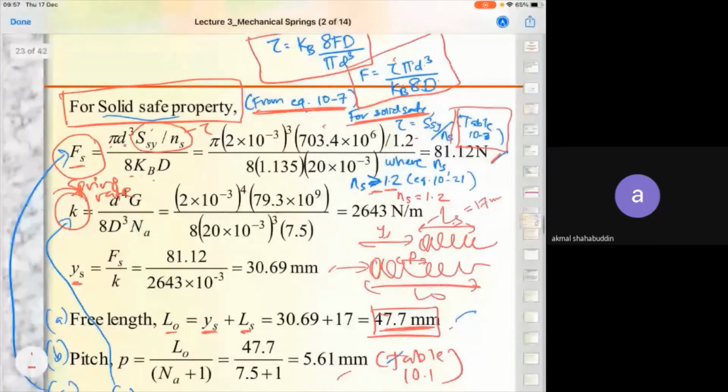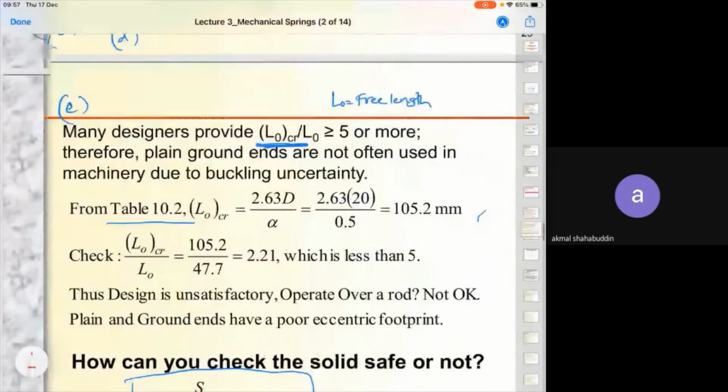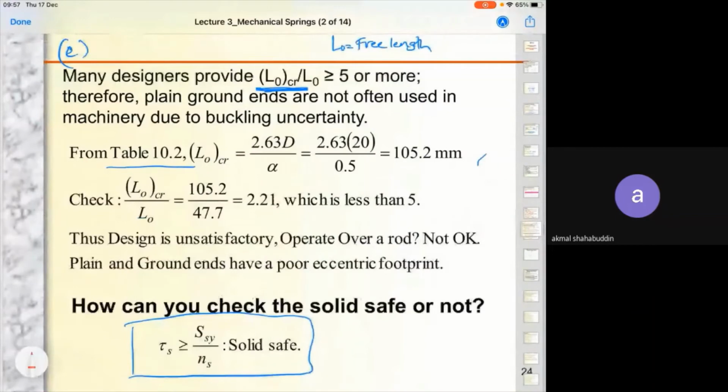So, okay, apa benda kita buat? Ini adalah explanation dia tuan-tuan. Dia tulis supaya kita check. So many designers provide LO, total length critical, divided by total length, must be equal to 5 or greater than 5 or more. Okay.